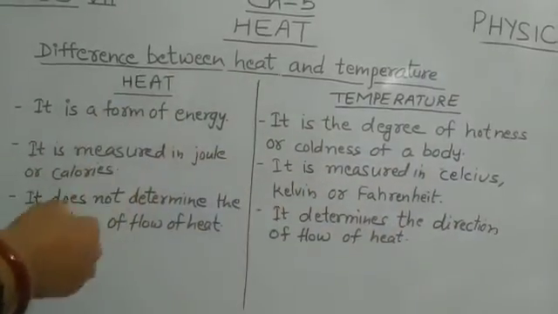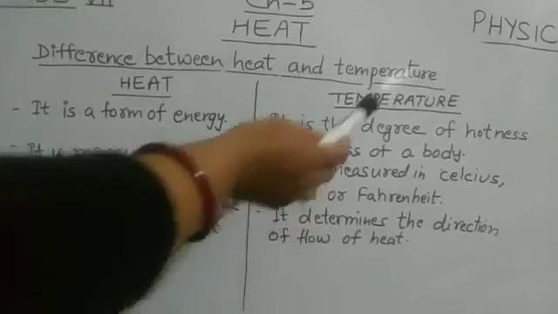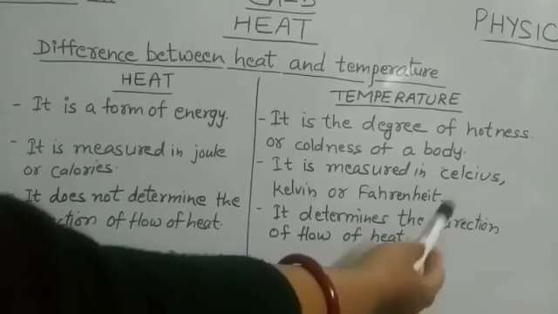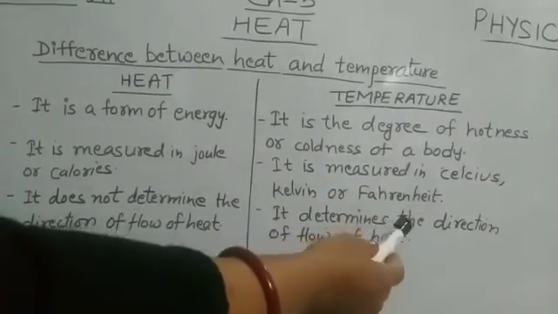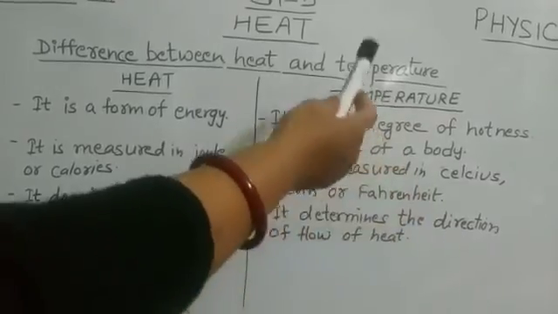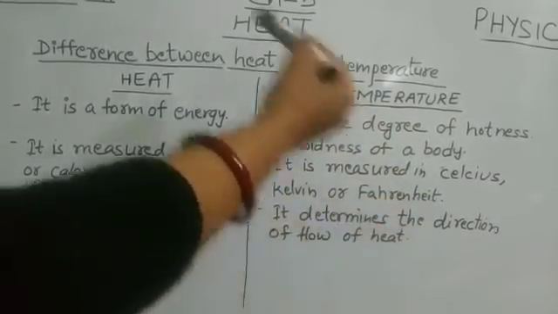Third one, heat does not determine the direction of flow of heat while temperature determines the direction of flow of heat. Okay, and it always flows from a body at a higher temperature to a body at a lower temperature.